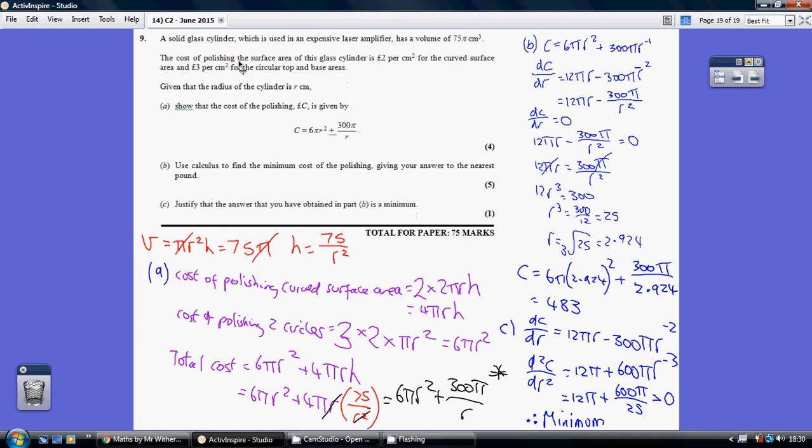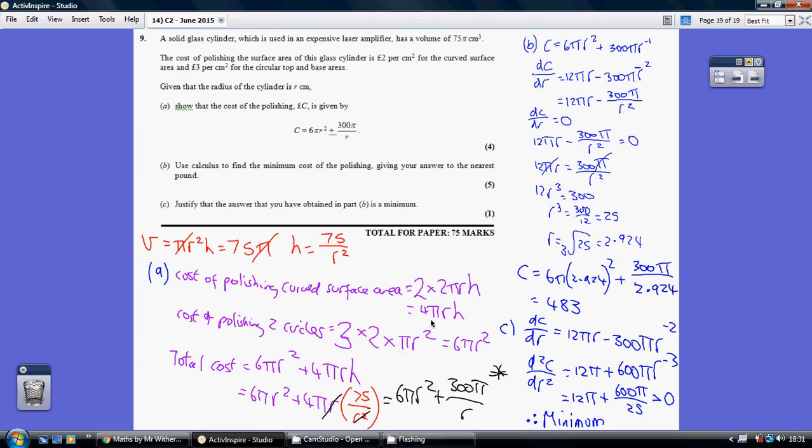When you imagine flattening out the curved surface, you end up with a rectangle where one length is the circumference and the other length is the height of the cylinder. So that's 2 pi r times h. Now the cost of this, as it's £2 per centimetre squared, is 2 lots of that, which is 4 pi r h.